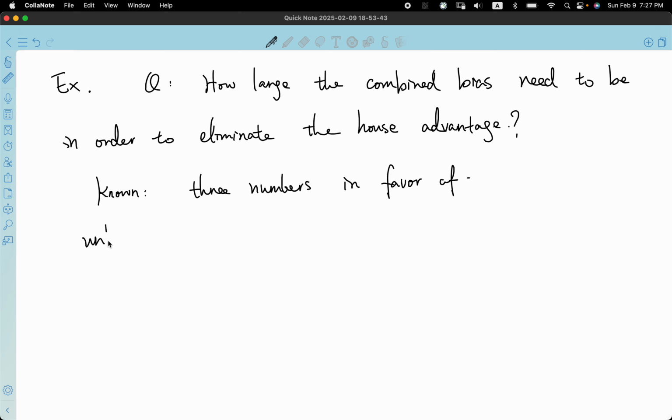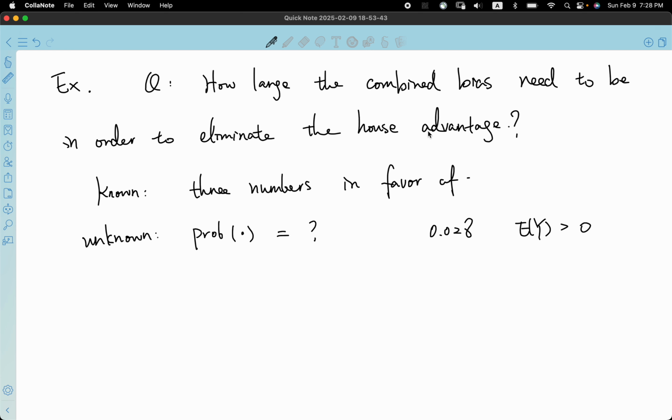But what we don't know is the probability of, here I'm just using a dot as a placeholder for those numbers. So we don't know the probability for those three numbers. Previously, we assigned 0.028, analyzed the behavior, and noticed that the expected profit is greater than 0.